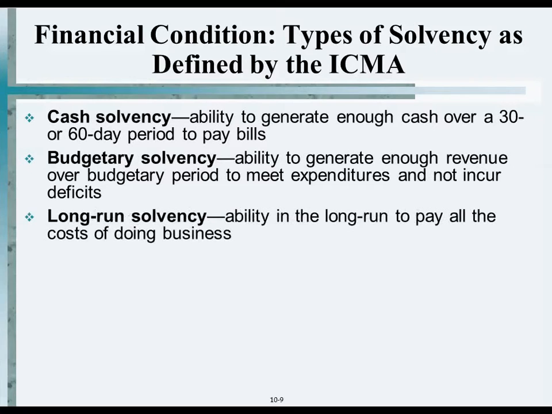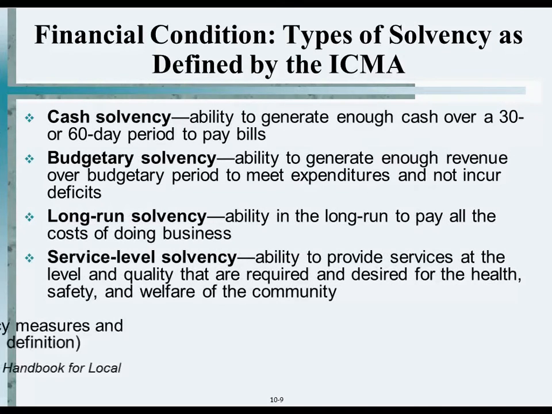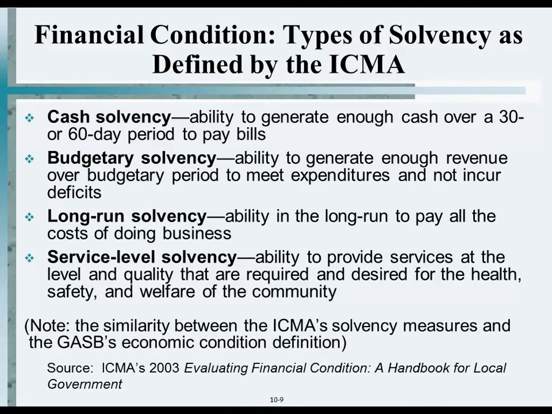ICMA, now look at this. They have come up with these different pieces. Cash solvency: ability to generate enough cash over a 30 or 60-day period to pay bills. Budgetary solvency: do you have enough revenues to cover your expenditures? Long run solvency: ability in the long run to pay all costs of doing business.